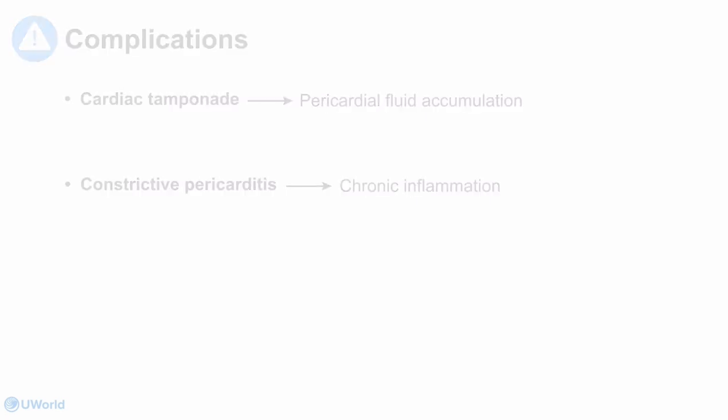Most patients with idiopathic or viral pericarditis are treated with medications to reduce pericardial inflammation, including non-steroidal anti-inflammatory drugs, which decrease production of inflammatory mediators, and colchicine, which disrupts microtubules to inhibit the activity of neutrophils.